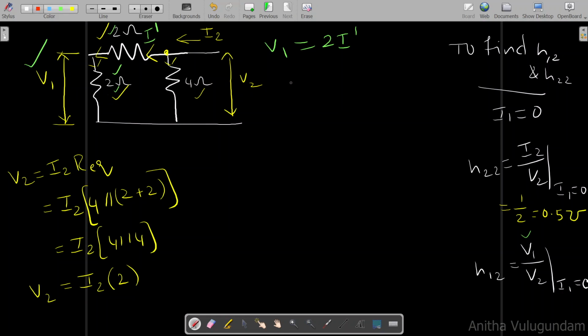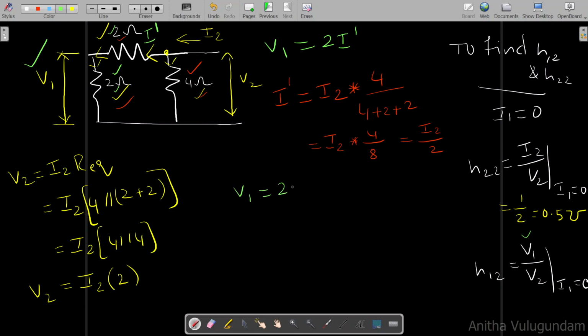Using the current divider rule, I dash can be written as total current I2 into parallel branch resistance 4 by total resistance, that is 4 plus 2 plus 2. So I2 into 4 by 8, that equals I2 by 2. So V1 equal to 2 I dash, I dash is I2 by 2, so 2 into I2 by 2, which is equal to I2.